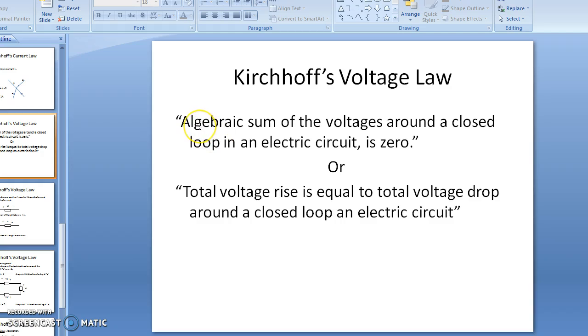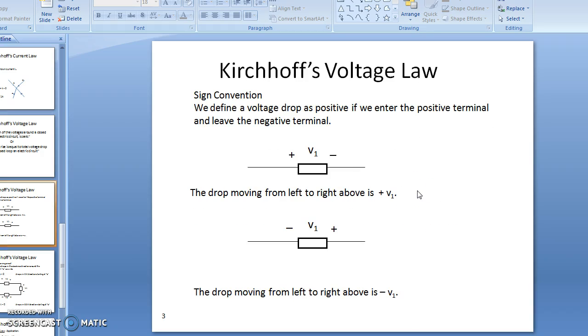It states that the algebraic sum of voltages around a closed loop in an electric circuit is 0, or alternatively it can be stated as the total voltage rise is equal to the total voltage drop around a closed loop in an electric circuit. To understand this, let us consider first the sign convention as we did in the case of Kirchhoff's current law.